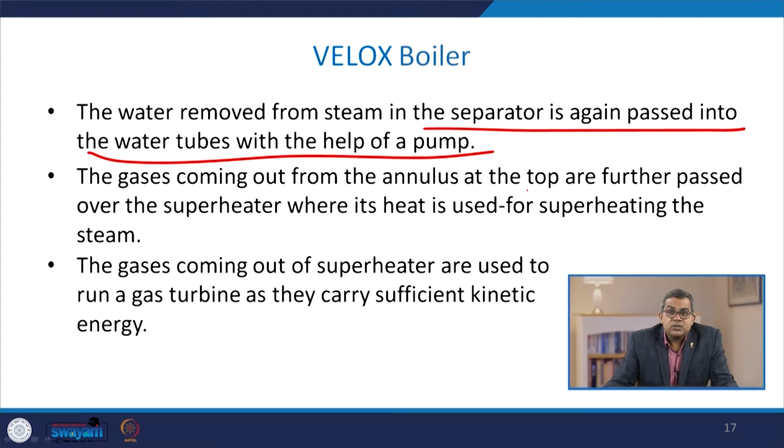Now the gas coming out of the superheater is used to run a gas turbine, as it carries sufficient kinetic energy. So you need to play with the dynamics or thermodynamics to get sufficient kinetic energy.